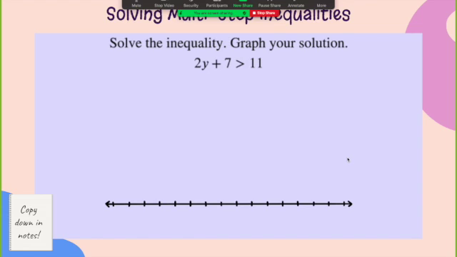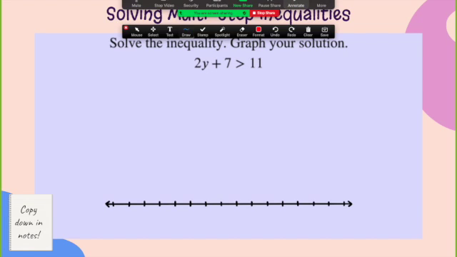So let's say, for example, we're given this inequality, 2y plus 7 is greater than 11. The first step that I want to do here is see if there are any distributive properties that I need to complete. I don't see any distributive properties because I don't see anything where we have, for example, a number like 3, and then two terms inside, like x plus 7.